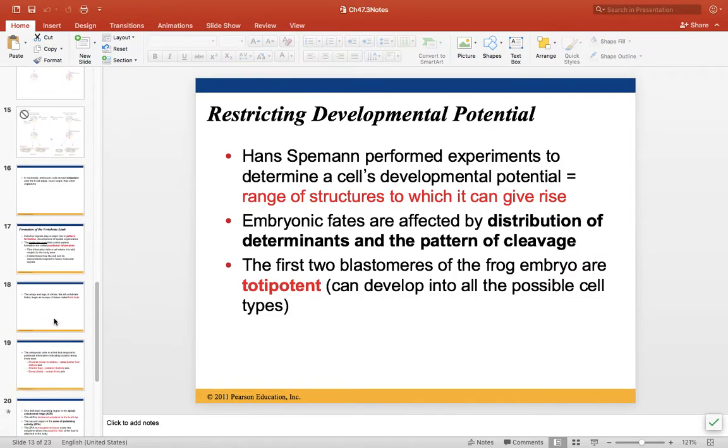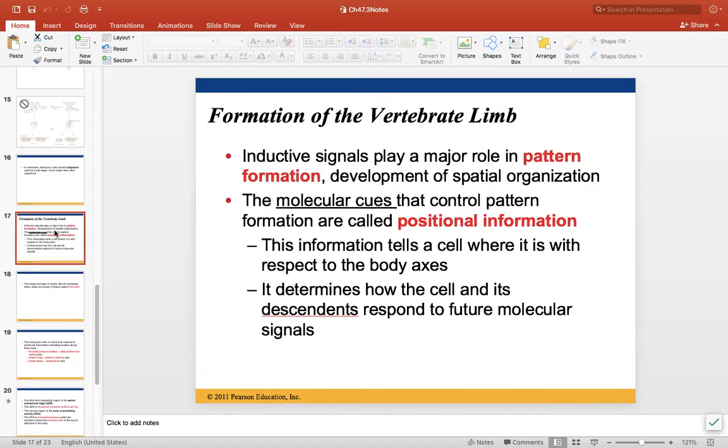I'm going to swing down here to formation of the vertebrate limb. We know that a lot of vertebrates have limbs, as we do, two legs, two arms. Inductive signals play a major role in pattern formation, the development of spatial organization in these organisms. The molecular cues that control pattern formation are called positional information. This information tells a cell where it is with respect to the body's axis.